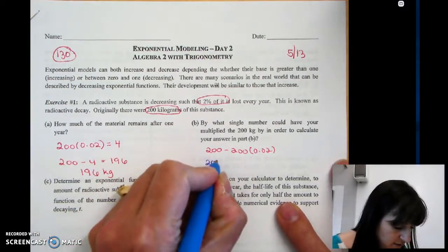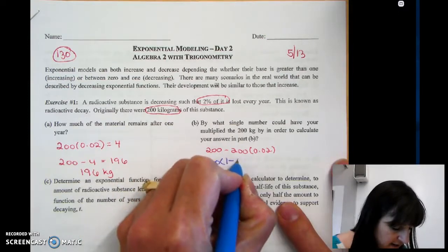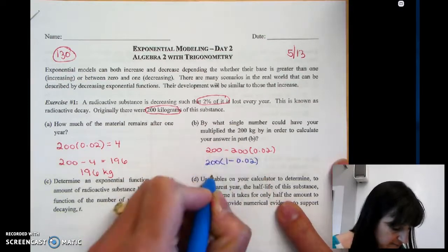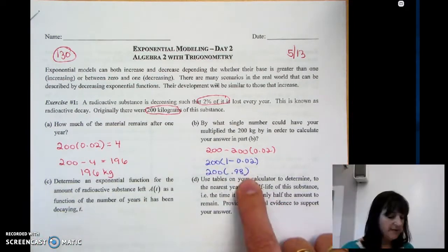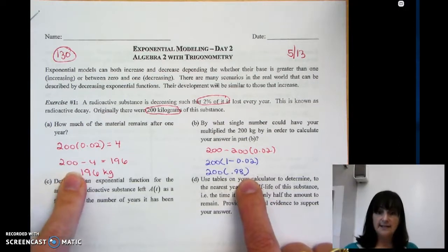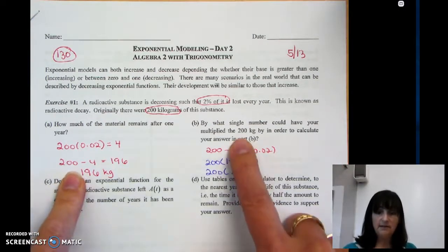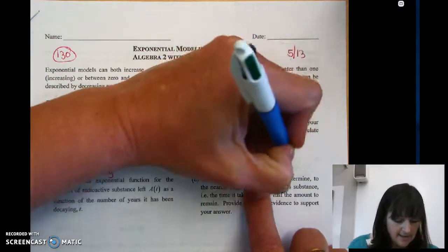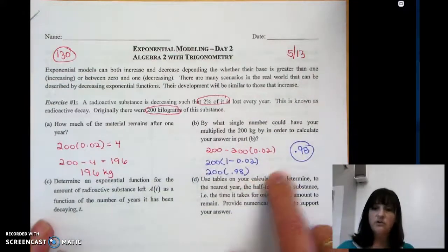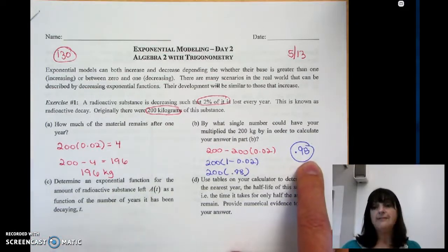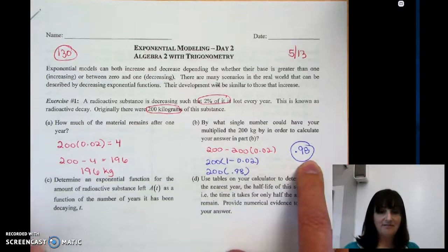So if I factor out 200, we'll get 1 minus that 2%. And that's actually going to be 98 hundredths. And this value is 196. So the single number that I could multiply by is 98 hundredths, which means that we have 98% left after 1 year.